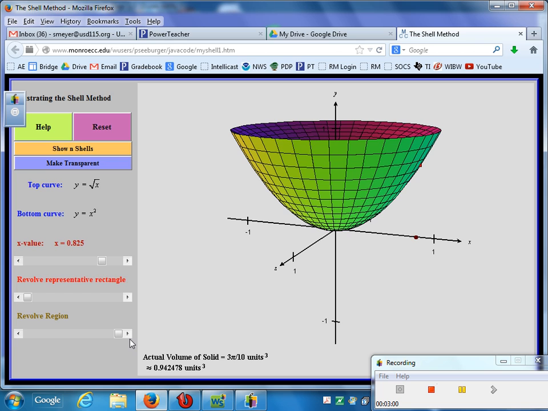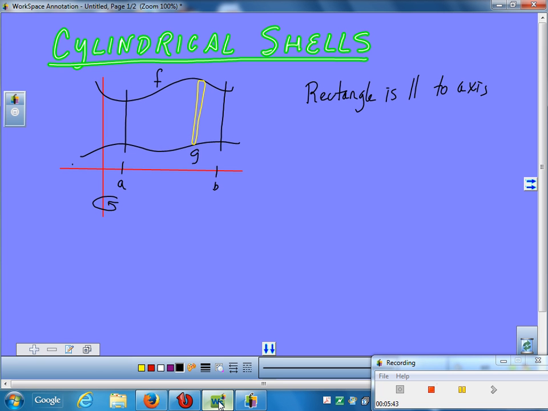Okay, our big question is, if this thing is going to be a shell, if we're going to have this shell here, get myself a cylinder first, and it's a shell, how does one get the volume of a shell like that? Imagine this piece of paper here, rolled up, is my shell.